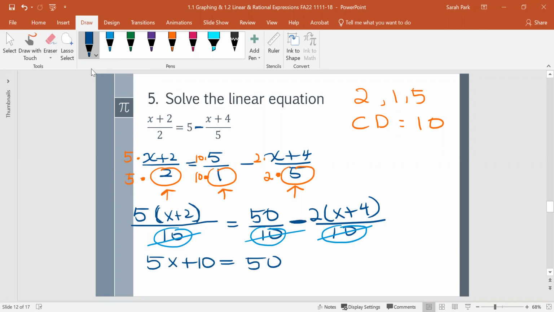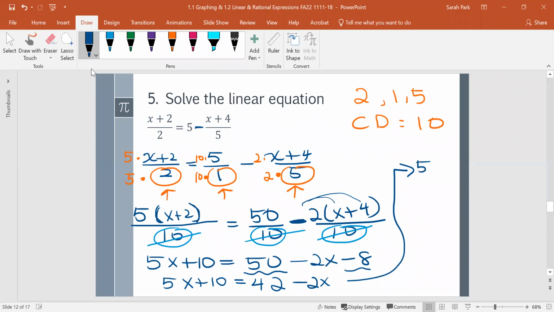There is a negative sign, so make sure you distribute the negative 2 with the x plus 4, which gives us negative 2x minus 8. Combine the 50 minus 8 to get 42 minus 2x. And then on the left we have 5x plus 10. Just bring this over. So we have 5x plus 10 equals 42 minus 2x.